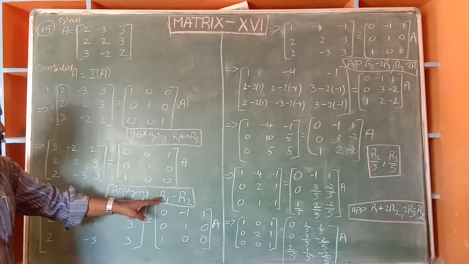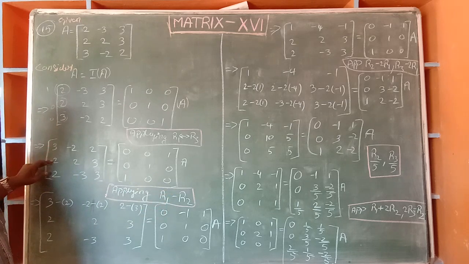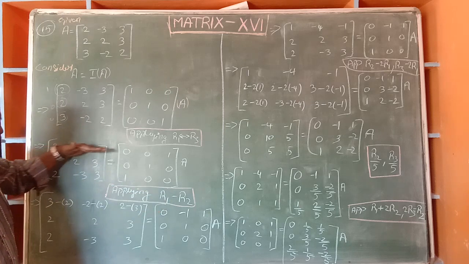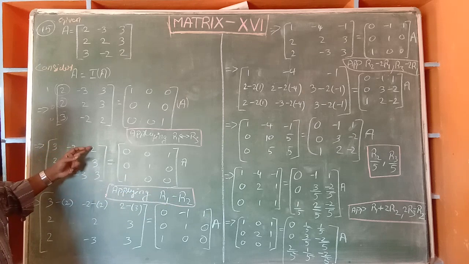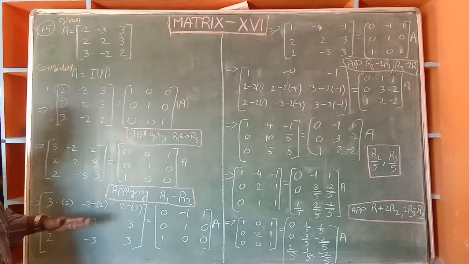Okay. Now I am applying R1 minus R2. You see, R1 minus R2. 3 minus 2, we can get 1 there. Observe me, 3 minus 2, minus 2 minus 2, 3 minus 2 minus 3. As it is, the rows will not be changed.